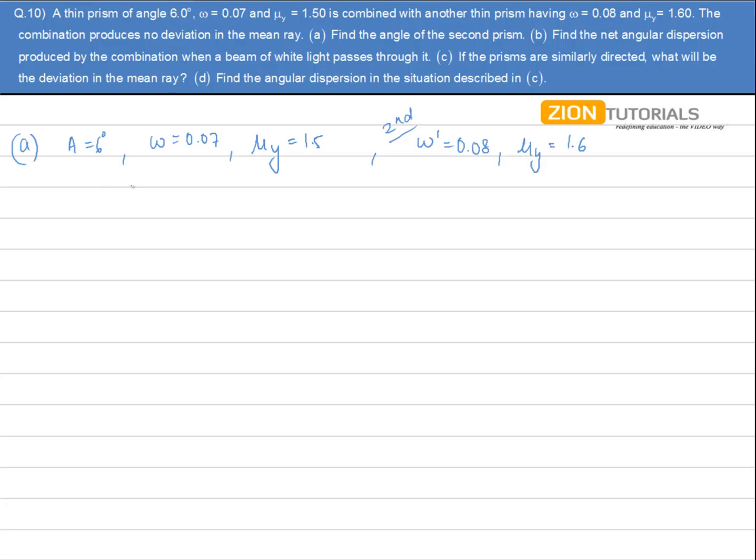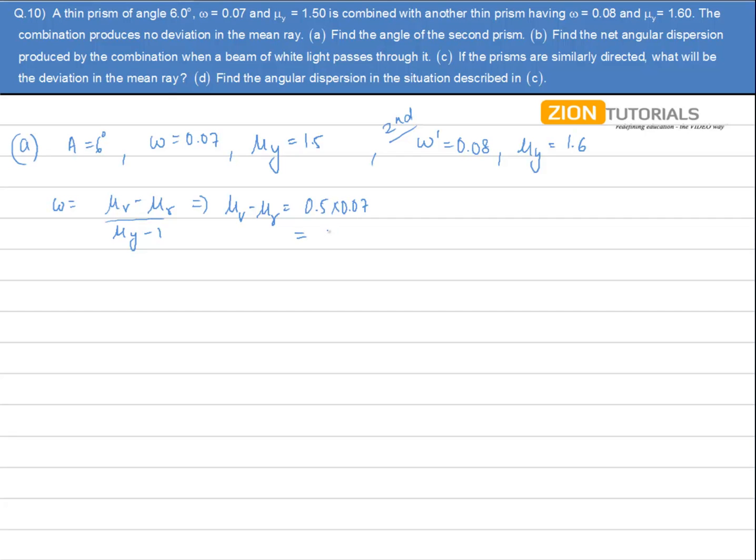So first of all, let us see. If omega is given, I know the formula that omega would be mu v minus mu r divided by mu y minus 1. So from this I can get the value of mu v minus mu r, which would be equal to 0.5 into 0.07.